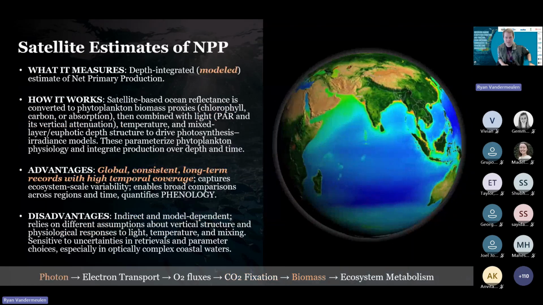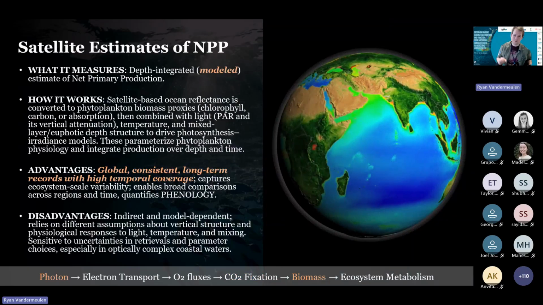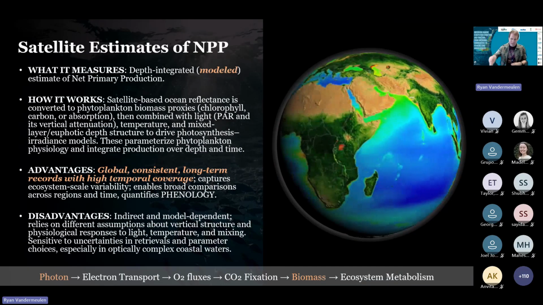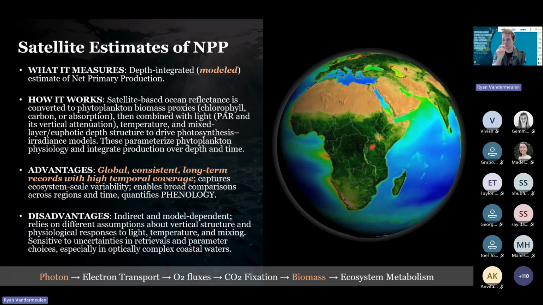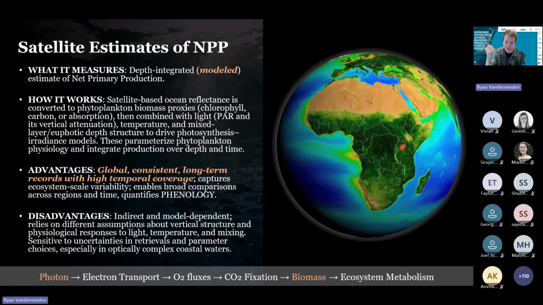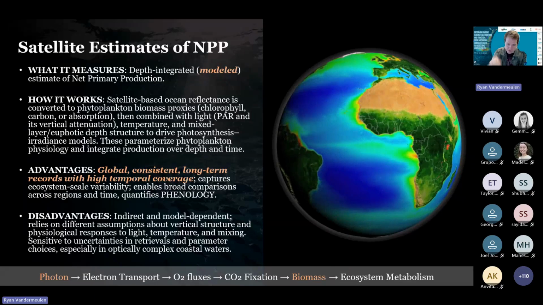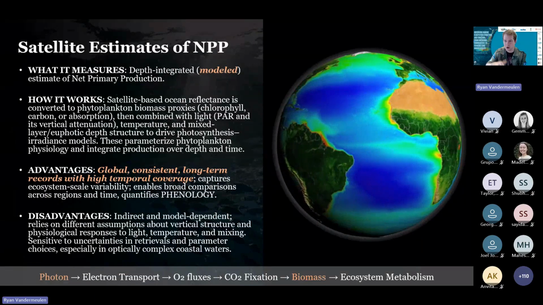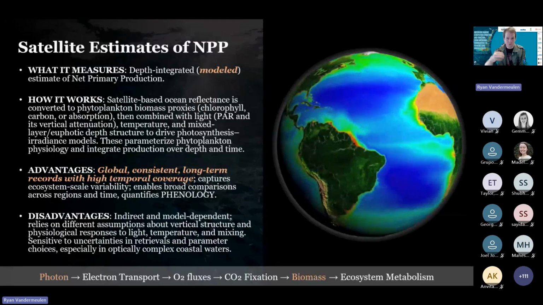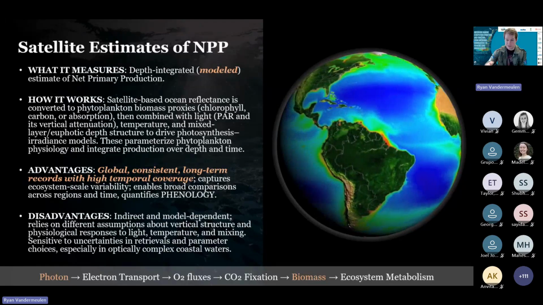Now, I'm not going to focus too much on satellite methods today, because our focus today is on field measurements to underpin our understanding of primary productivity, but it's worth briefly pointing out where satellites fit into this story. In general, satellites are trying to estimate this specific part of our journey, net primary productivity. Of course, satellites don't measure primary productivity itself.